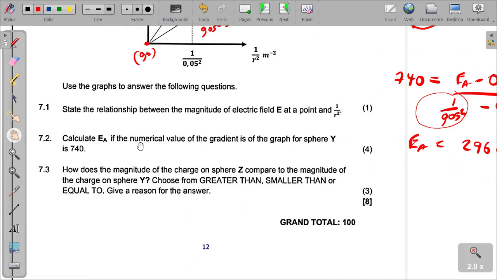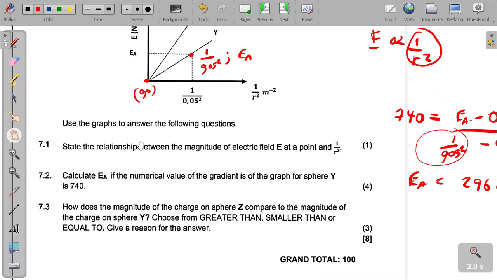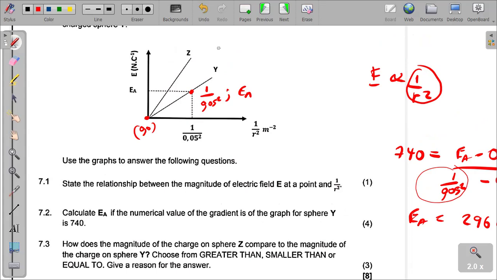So apparently it is greater than, because gradient is proportional to Q, the charge, and graph of sphere Z has a steeper gradient than graph of sphere Y. So we are simply comparing the steepness of the two graphs, and we are witnessing that the graph of Z has a steeper gradient than graph of Y. Without even performing the calculation, the steeper the graph, the greater the gradient. And apparently the gradient is representing Q, the charge.